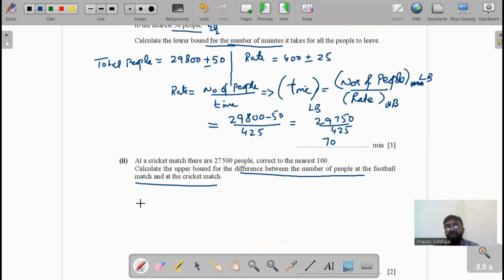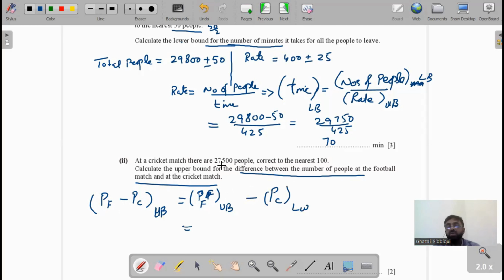Now we suppose the number of people who watch the cricket match is C, and the number of people who watch the football match is F. Now for the difference, we have to take the upper bound value. Therefore, the football match should be the upper bound value minus the people who watch the cricket match at the lower bound value.